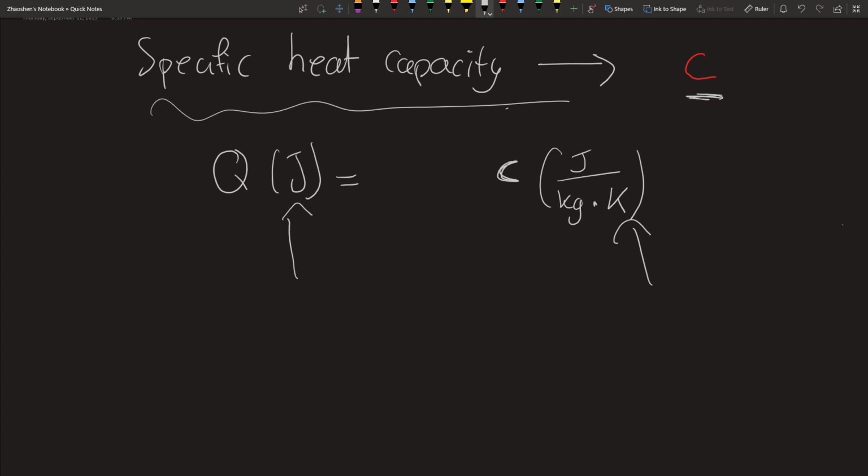When we multiply by mass in kilograms, we can cancel the kilograms, okay? And when we multiply by the change in temperature, this will be in Kelvin, and these two can cancel. So we use proportionality and get the formula Q is equal to mc delta T.